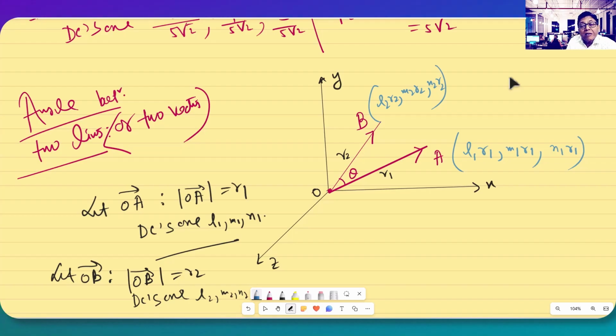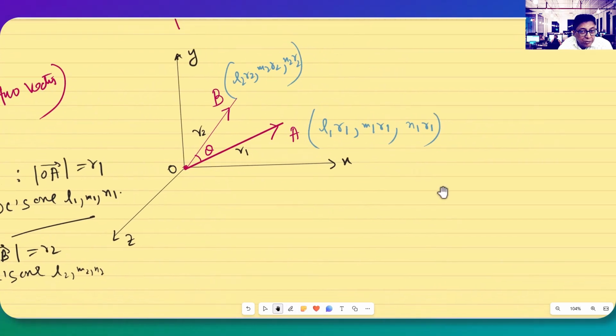We are going to find theta. How to? Length we know, and a line can be directed along OA, another line along OB. That's why I told you, if you know it between the two vectors along the direction of two given lines, then it's fine. So here cos theta we have to find now.